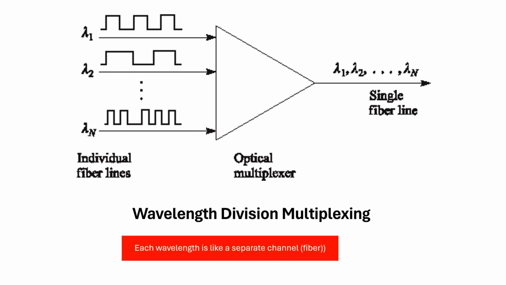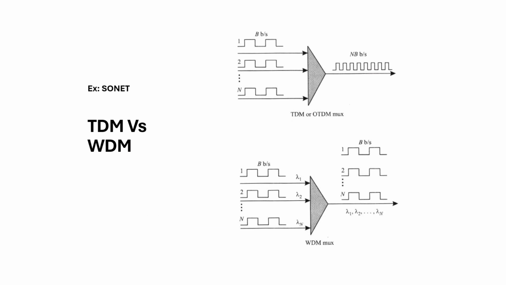This is the basic block diagram of wavelength division multiplexing, and always remember this is the individual fiber line. So this is lambda 1, lambda 2, lambda n, optical multiplexer, and you are converting into a single line fiber carrying lambda 1, lambda 2, lambda n. To understand the efficiency of WDM, there are two examples of SONET. In the first, we use TDM, time division multiplexing, and in the second, WDM.